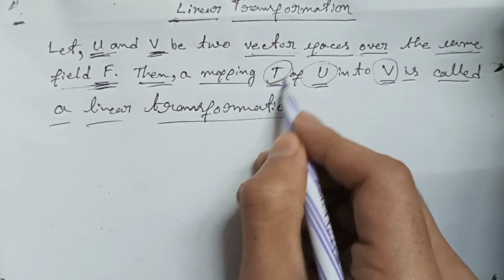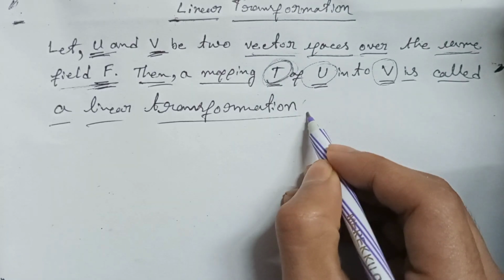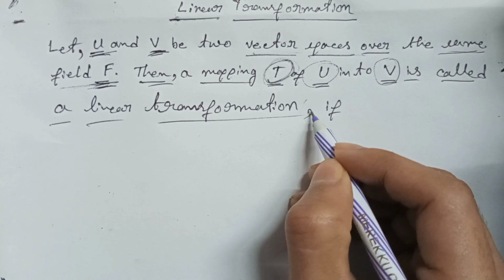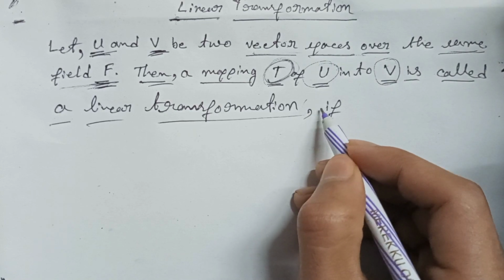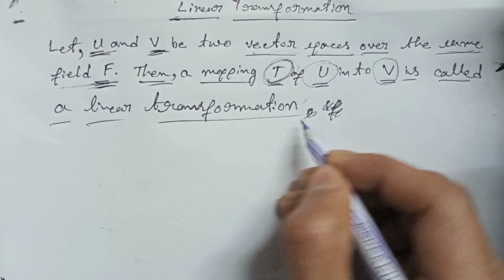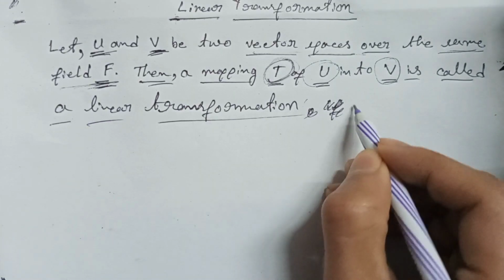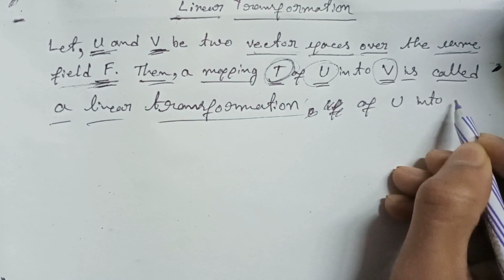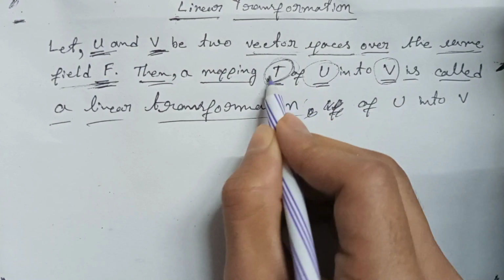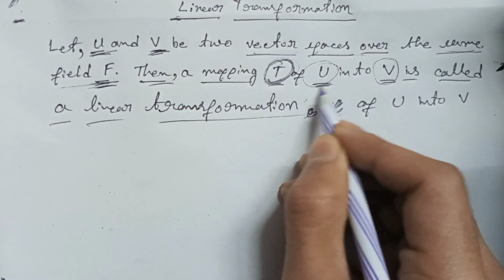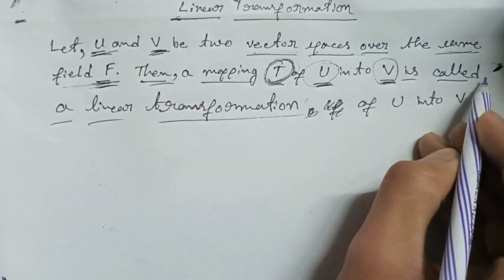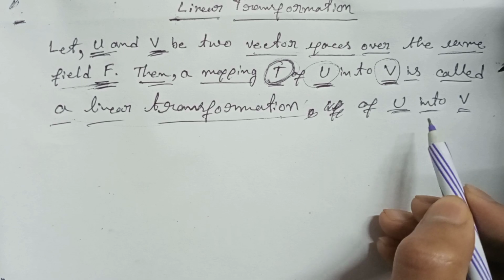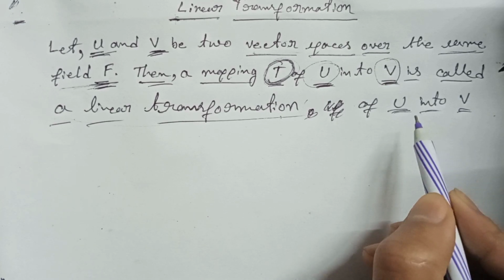The mapping T will be a linear transformation if, and this will actually be a linear transformation of U into V, because the mapping T transforms U into V.